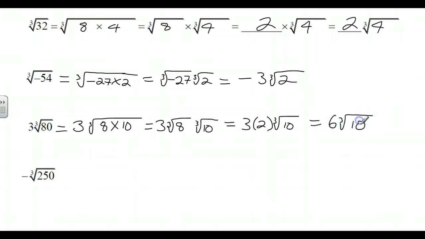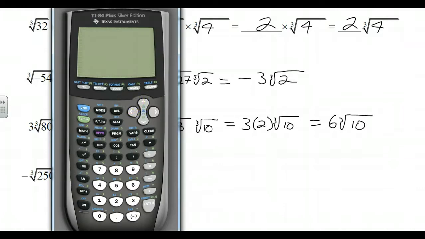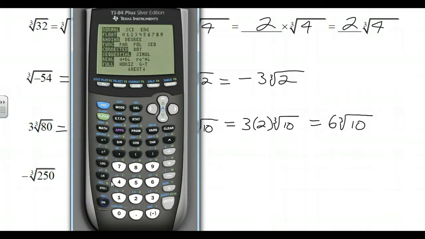How do I know that's the same, you might wonder? Well, let's try this. We have 3 times the cube root of 80. Let me clear this. So 3 math, cube root is 4. 3 cube root 80, enter.